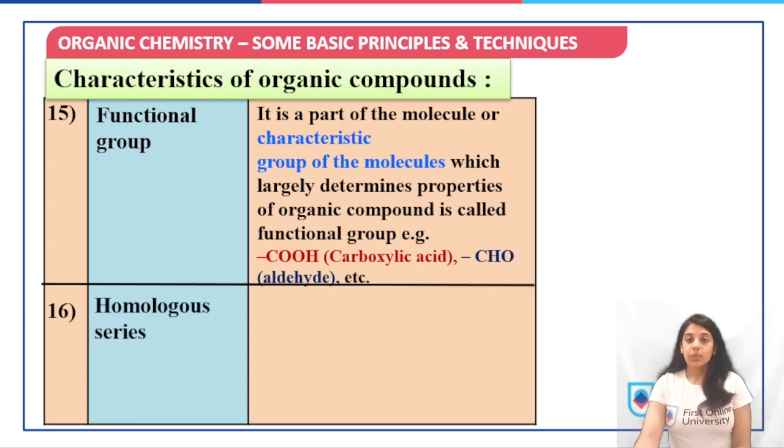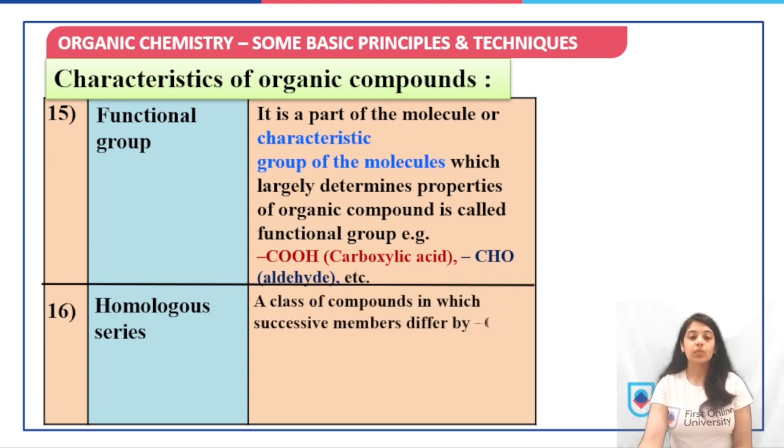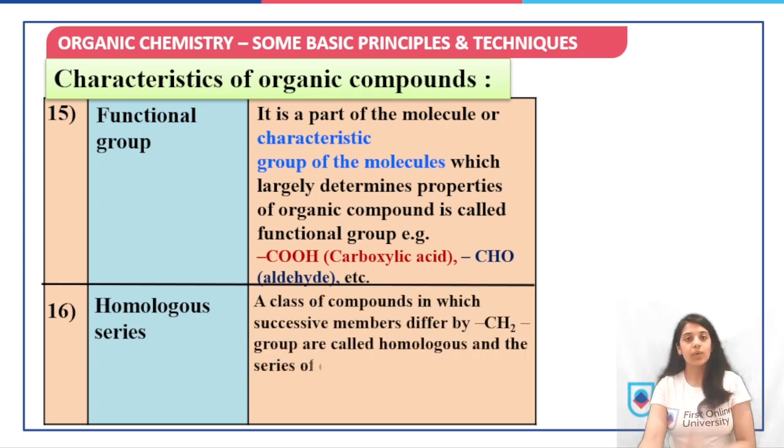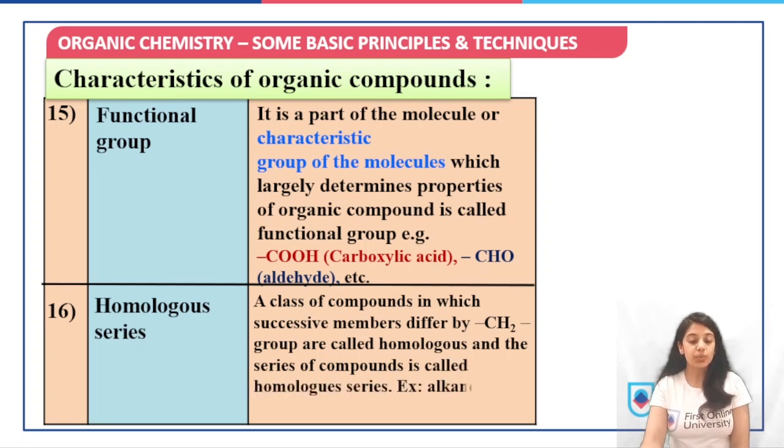Another characteristic of organic compounds is the homologous series. A class of compounds in which successive members differ by a CH2 group are called homologous, and this series is known as homologous series.